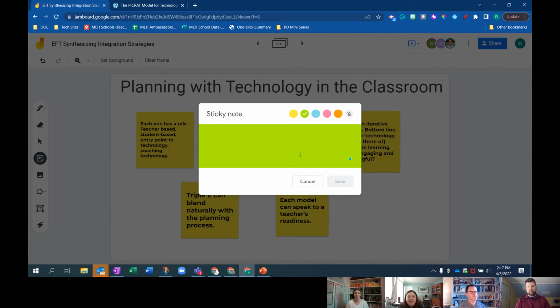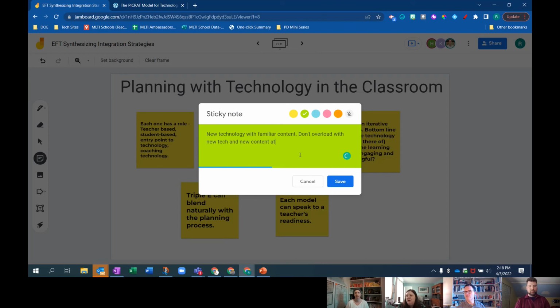And so sometimes, and I bring this up because maybe this lesson isn't transformative, but students need an opportunity to work with this piece of technology. And conversely, don't introduce new content if the students don't have a chance to work with the technology. You can't do both at the same time.